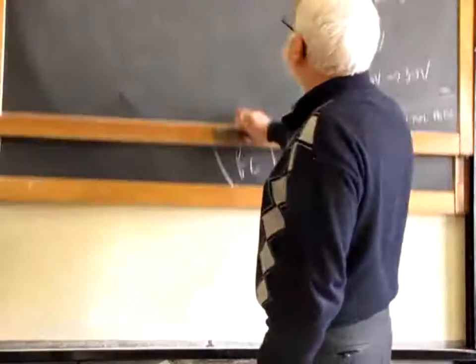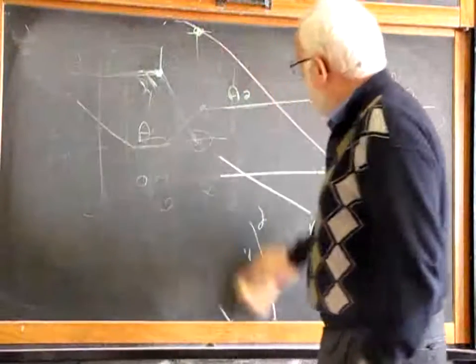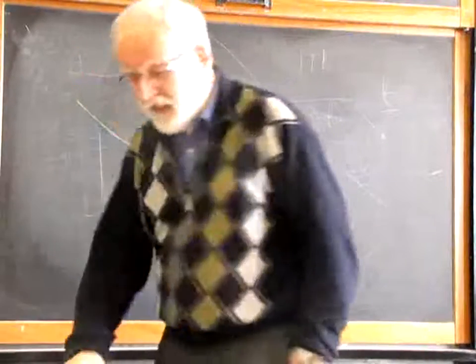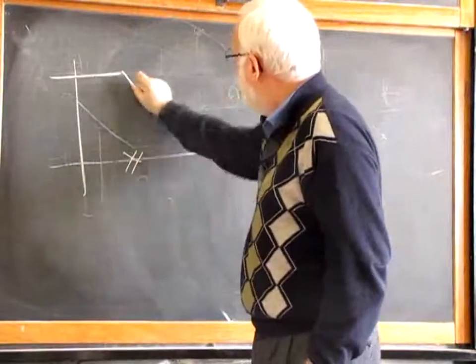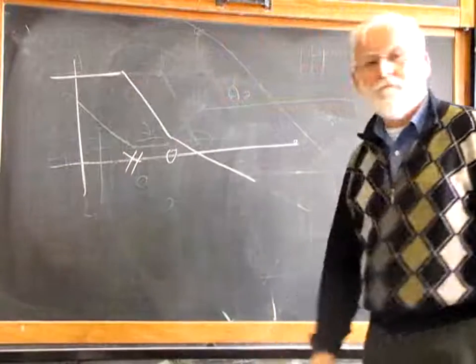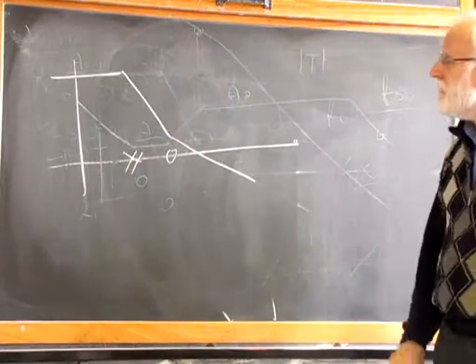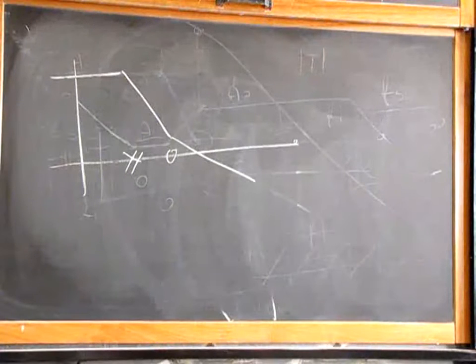So, let's start to put numbers. We need to draw the buck transfer function and put numbers in it. How much is the DC gain of our buck converter? 30 over 3.